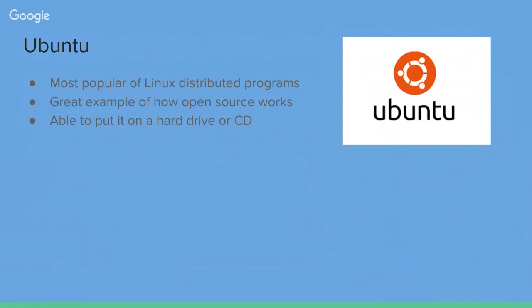You get to see that they took the base of Linux and then they were able to modify it and come up with their own operating system, Ubuntu. This is a unique system because you can actually download this operating system onto a hard drive or a CD and then plug it into any computer, desktop or laptop, and that computer will begin running Ubuntu as its operating system, completely ignoring the computer's own operating system inside the computer.